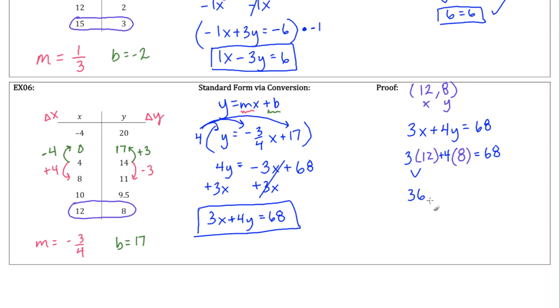A positive times a positive is a positive. 4 times 8 is 32. And 36 plus 32 is 68. And that is it. Thank you.